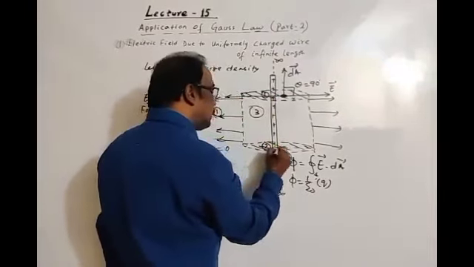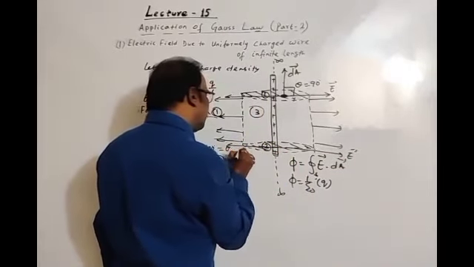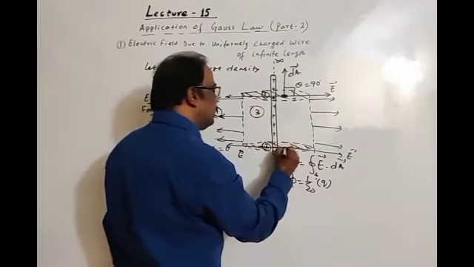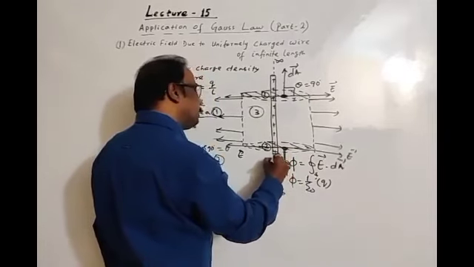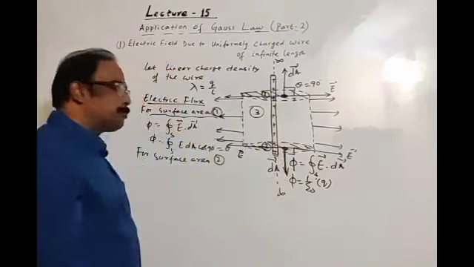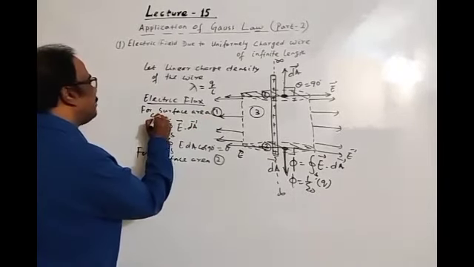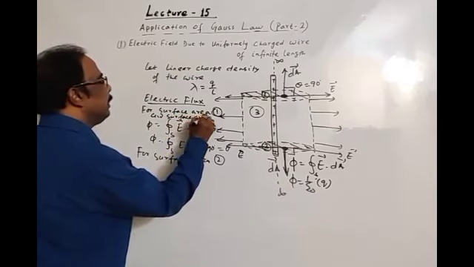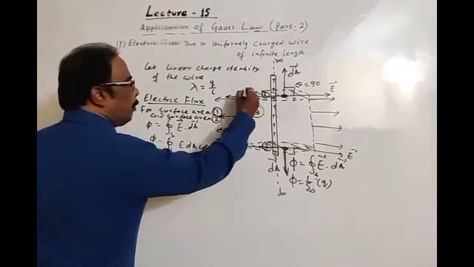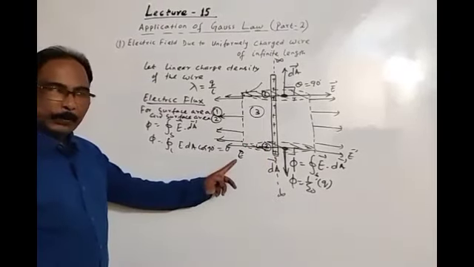For this surface area also, this is the direction of the electric field, and this is the elemental area in the outward direction, dA. Again here theta is 90 degrees, so for surface area 1 and surface area 2, for both these surfaces the flux is 0.